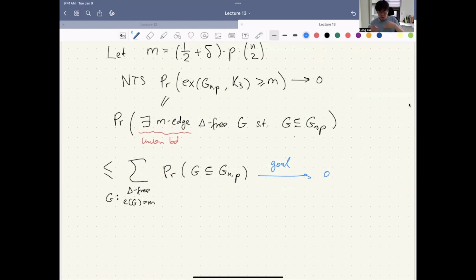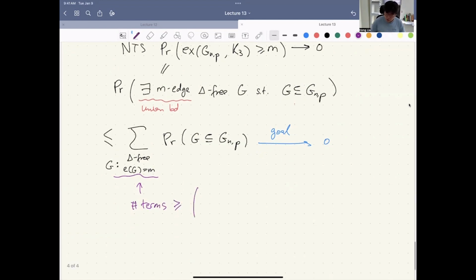To have this union bound sum tend to 0, first of all, notice how many summands there are. The number of terms is at least the following.